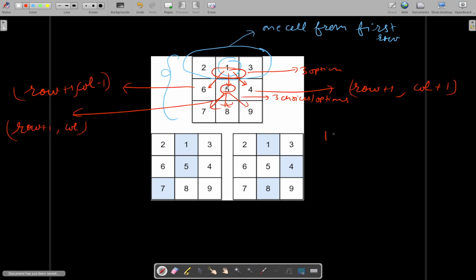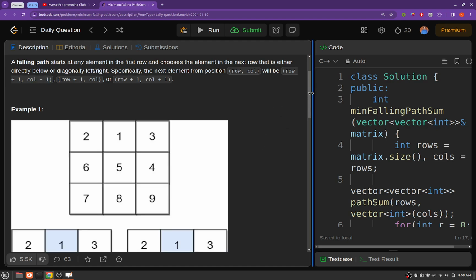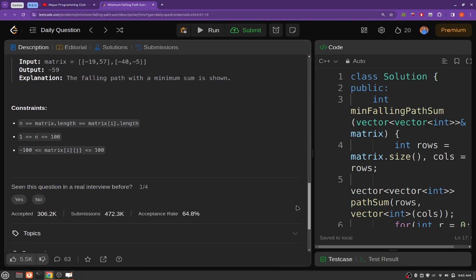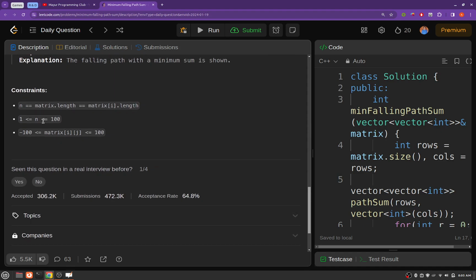First of all, let's see the constraints of the problem. The number of rows and columns will be of order 100, and the matrix elements range from -100 to +100, both included.